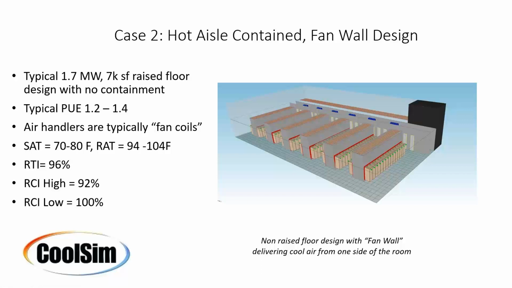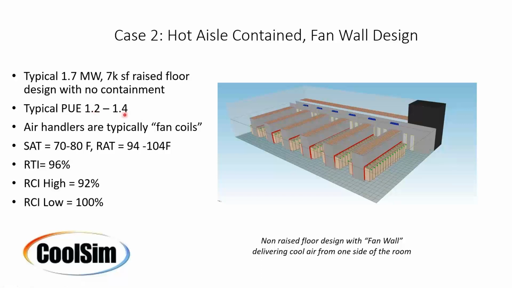So what you do is you simply try to keep the pressure gradient in this room positive from the outside on the room side, rack inlet side, to the hot side, which is inside this contained area, okay? Now, this one happens to be about 1.8 megawatts, 7,000 square foot, pretty high density.